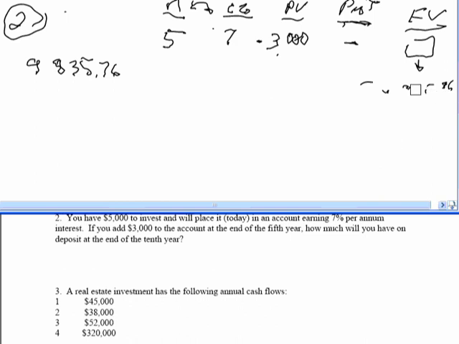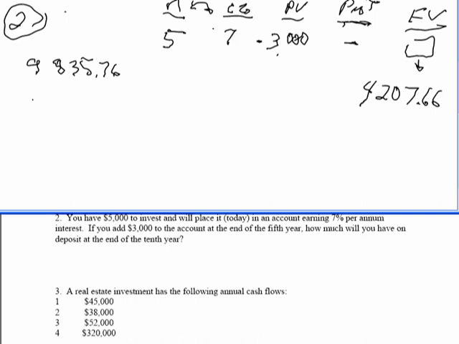And again, we're going to compute future value. So go ahead and compute future value, and you should get $4,207.66. So if we place $3,000 in an account for 5 years, earning 7%, at the end of the 5 periods, we'll have $4,207.66. But don't forget about our original investment of $5,000.